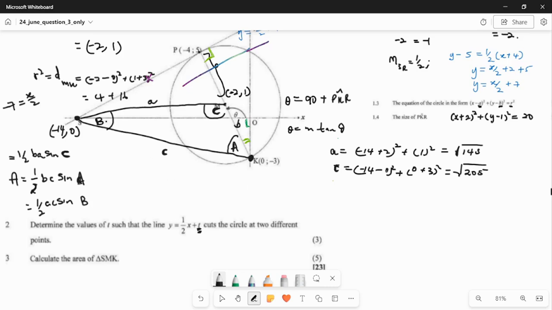And now we need to know what our angle B is. How do you find our angle B? Do we know what our distance of B is? Let us also find our distance of B so that we can use the cosine rule to find this angle B, and then we'll be able to use AC to find the area of our triangle.